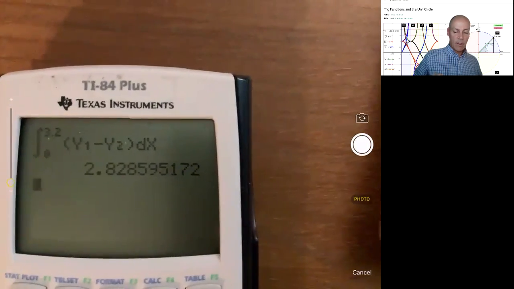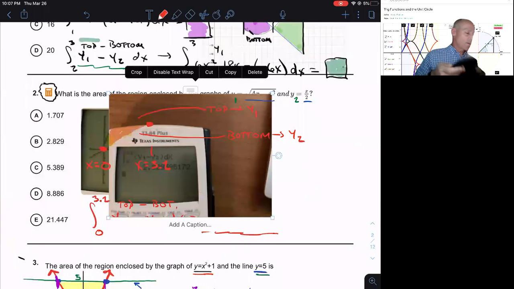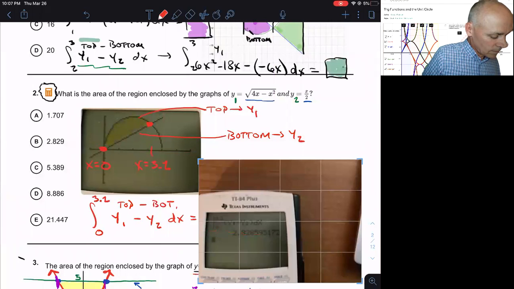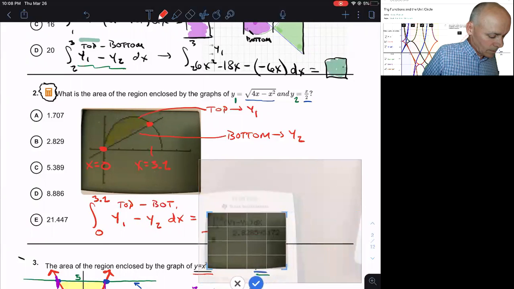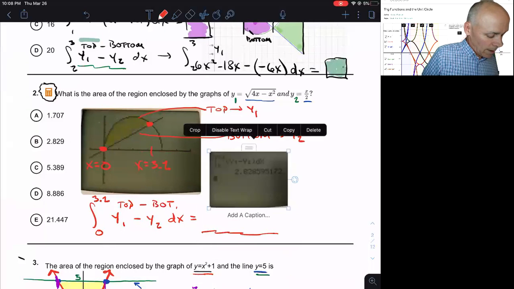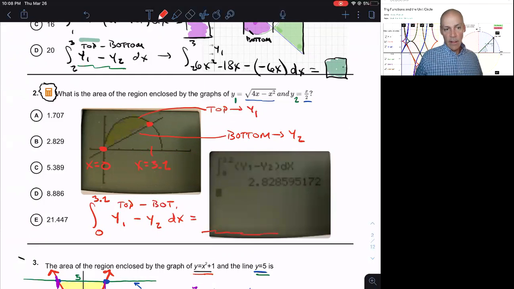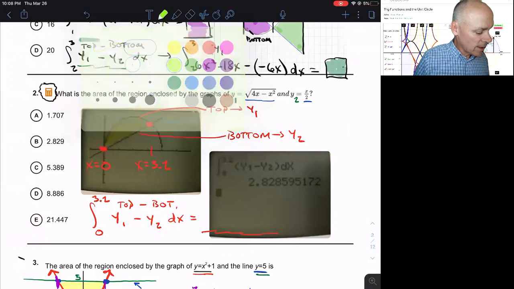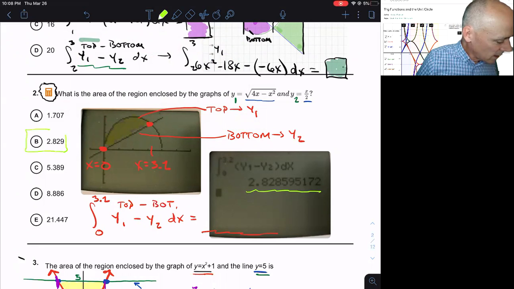There is my answer. And there, just so you have it, is how that was entered in the calculator. And so my answer looks like it is 2.82, and there it is, part B.